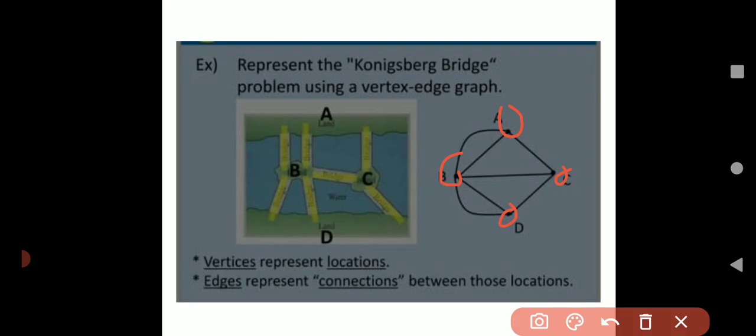Now the problem is, start with any one vertex and travel to another city, B, then A. This is not a complete journey.